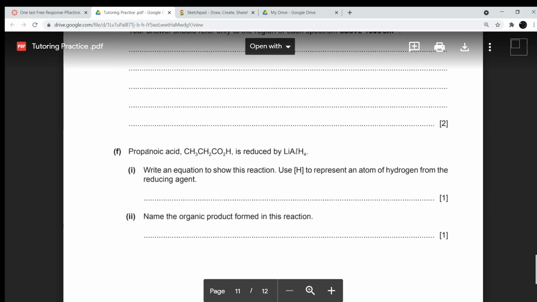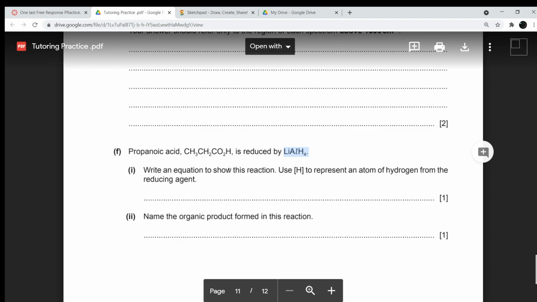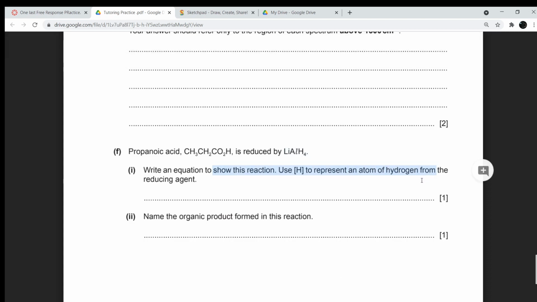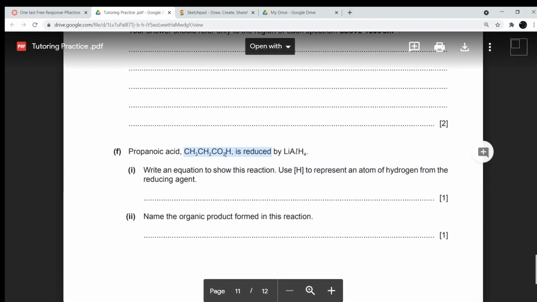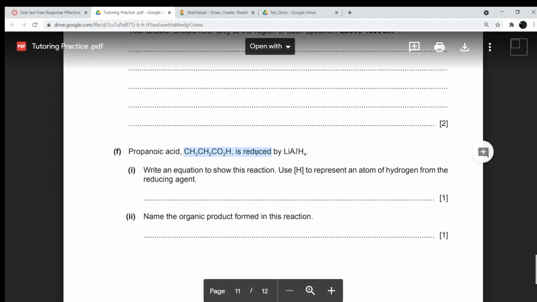Next, it's talking about propanoic acid. Oh man. Propanoic acid is reduced by lithium aluminum hydride, and it wants us to use an equation to show this. So now I have to think. Earlier, we oxidized things to make carboxylic acids. Here, we're reducing it, so it has to go the other way.